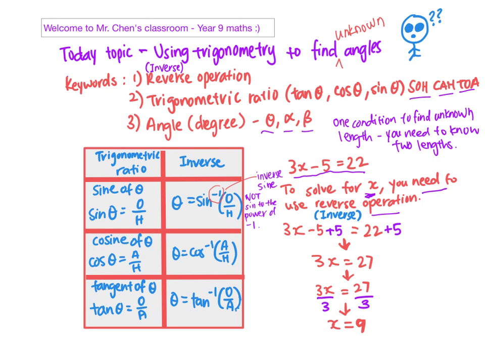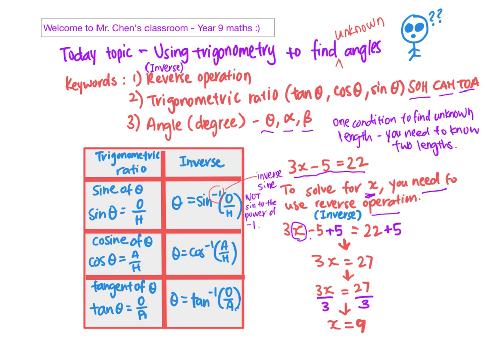Hope you still remember some of it. You need to single out that x. To single out the x, you have to get rid of every number beside it, by adding, subtracting, multiplying or dividing.